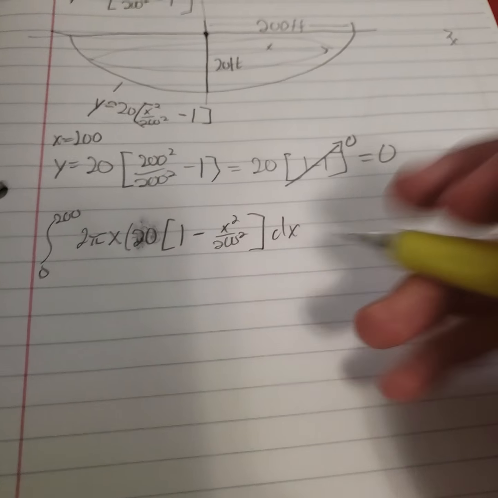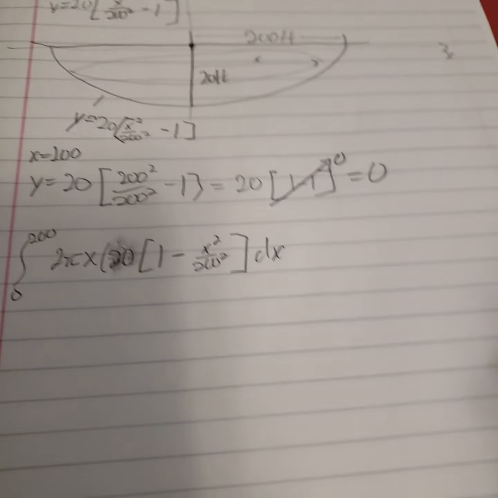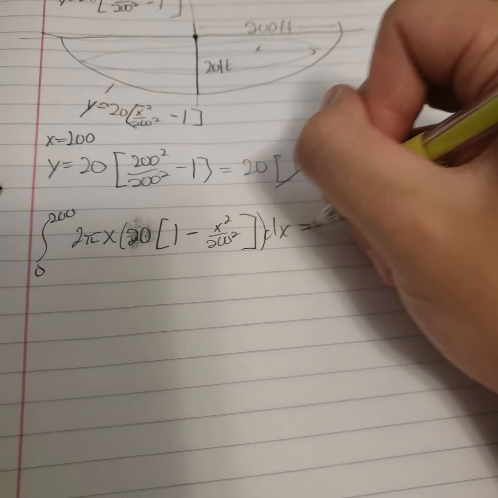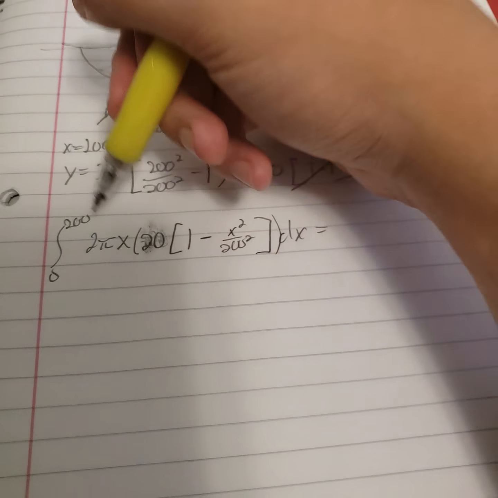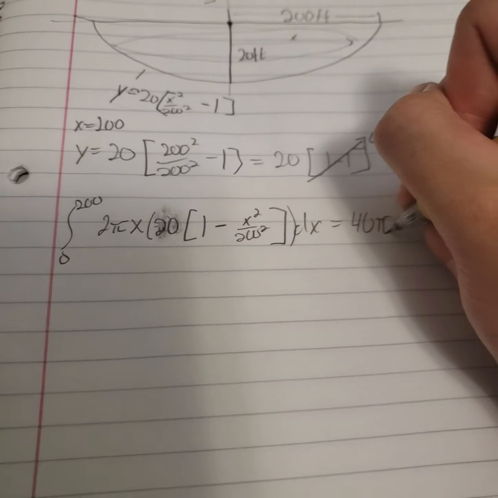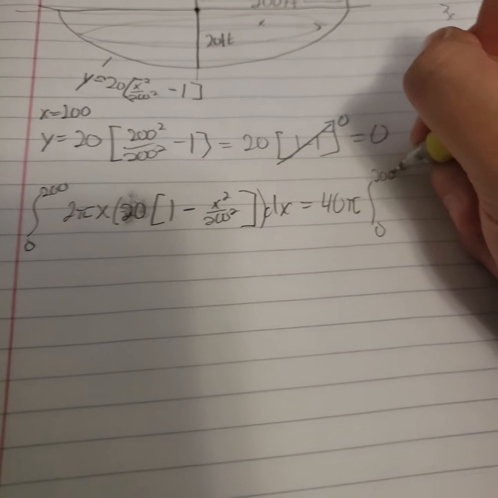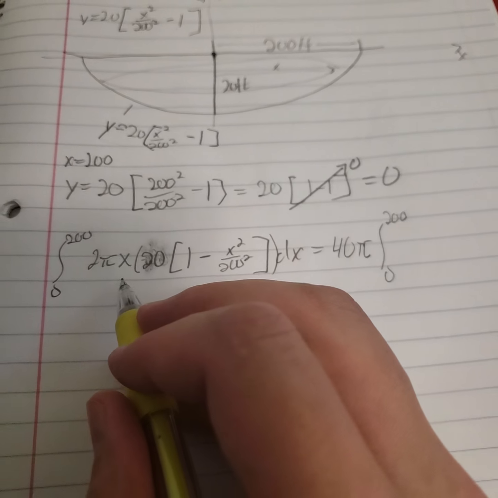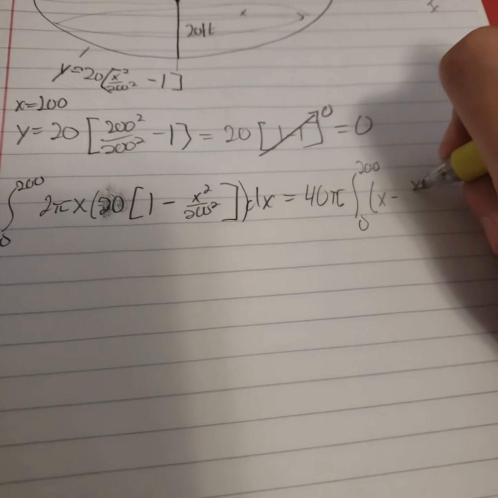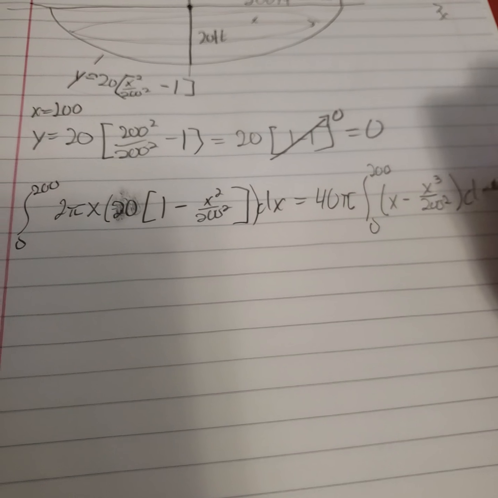Now, from here, we want to make it simpler to set up and integrate. We can take the 20 times the 2 pi and move that out, so we'll have 40 pi times the integral from 0 to 200. Then we can distribute the x into here: x minus x cubed over 200 squared dx.